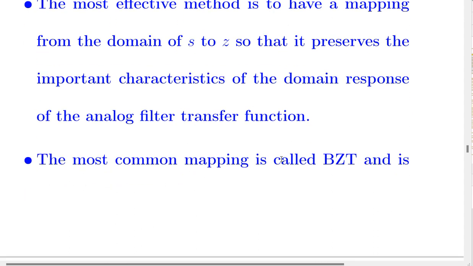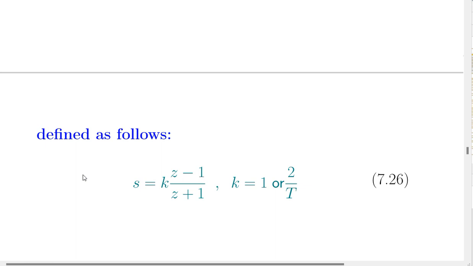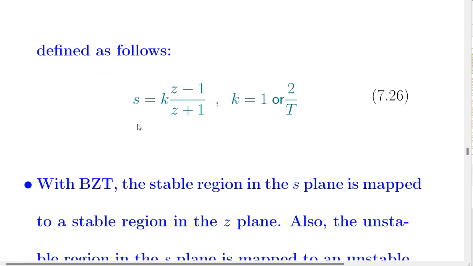The most common mapping is called BZT and is defined as follows. Please write it down. S is equal to K times (Z minus 1) over (Z plus 1), where K is equal to 1, or 2 over Ts, or 2 times Fs.